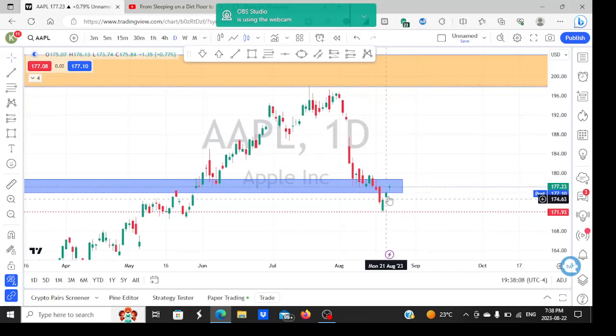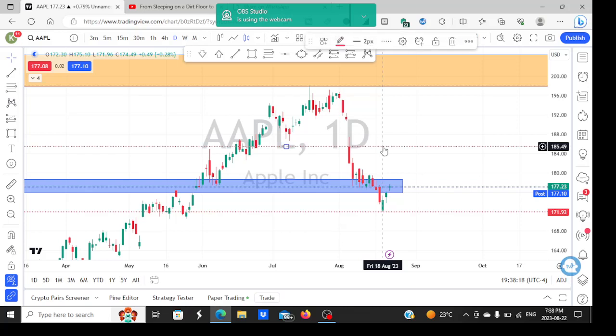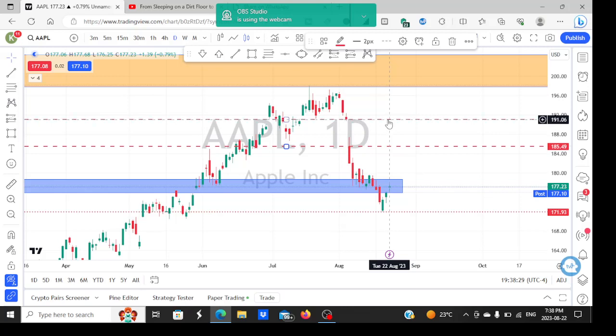It can come all the way back to this level, which is where the gap was. So we can mark this as a gap. I usually use dash lines for a gap. So this is where my gap is. Okay, so that's a gap.